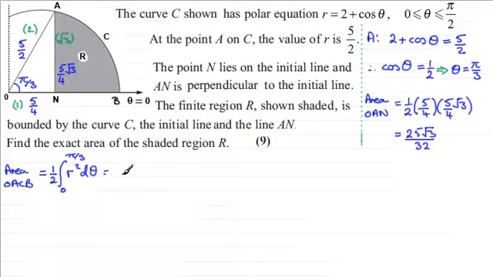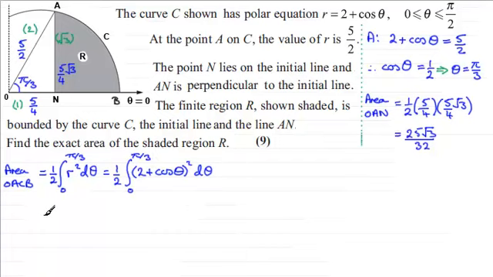And if we substitute now for r squared, it is going to be 2 plus cos theta all squared. So we've got 2 plus cos theta all squared, and that's integrated with respect to theta. And the limits again are from 0 radians to pi upon 3 radians.